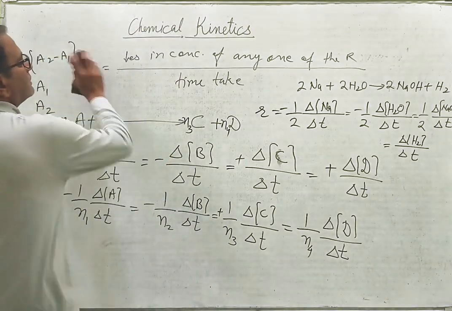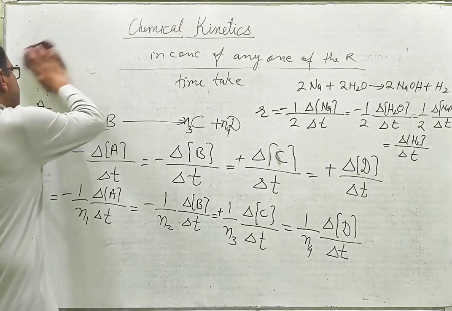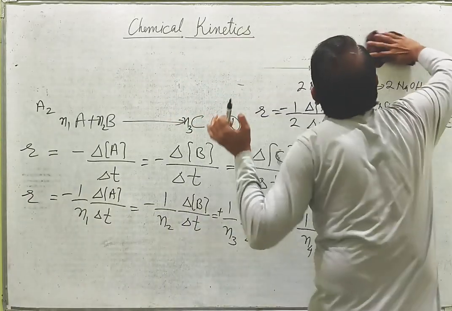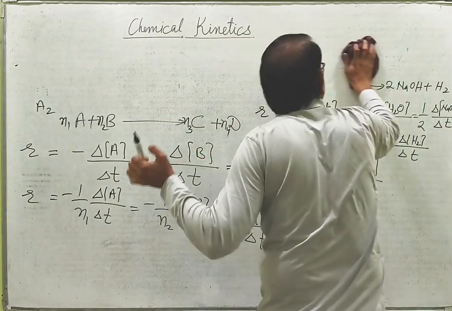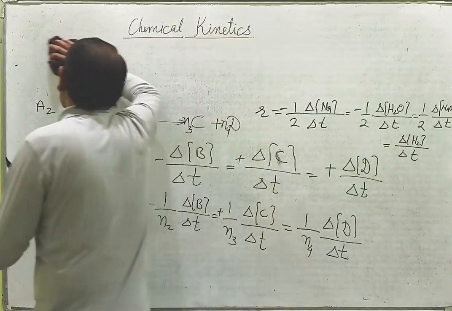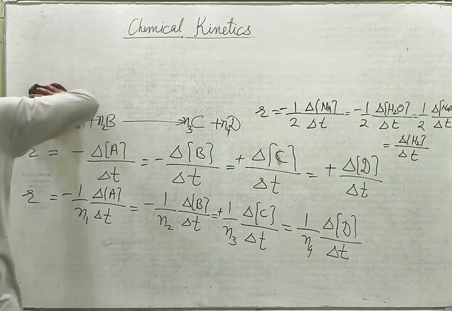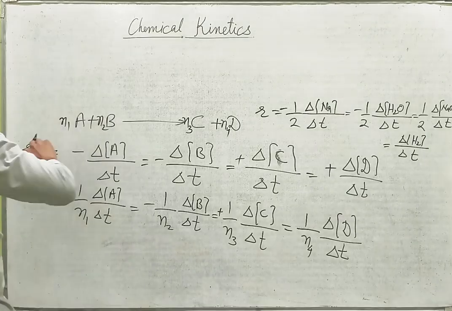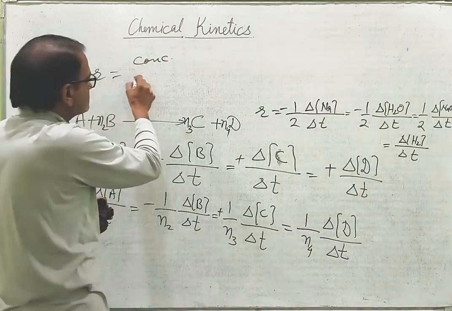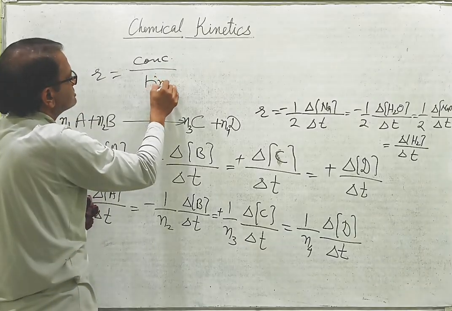Now let us see the unit of the rate of reaction, because the general unit of rate is meter per second or something like that, am I right? But for the rate of reaction, what is the unit? We know that rate is equal to change in concentration upon change in time.